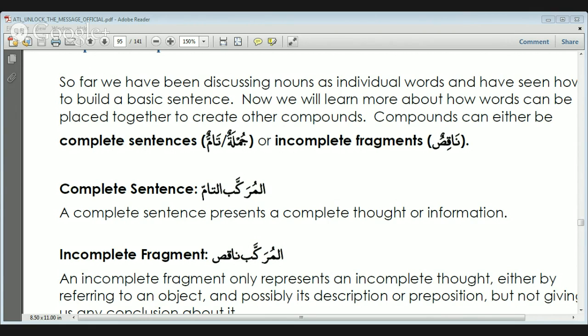Hatta, matla'i. Because of what? Hatta. Li, la fi, right?